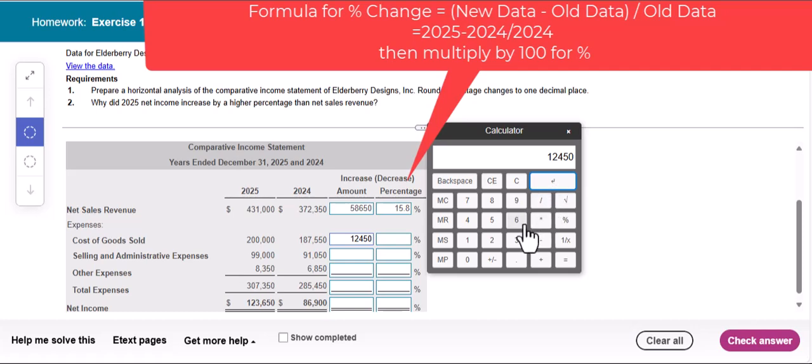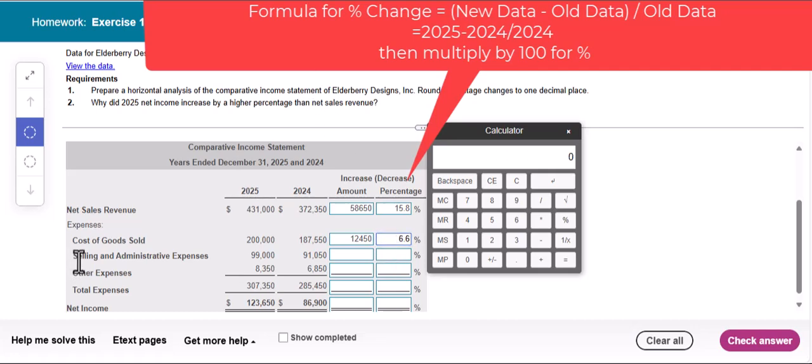And then let's see what that percentage changes by dividing that same increase amount by the old amount, which is 187,550. So that is a 6.6% increase for cost of goods sold from the previous year.